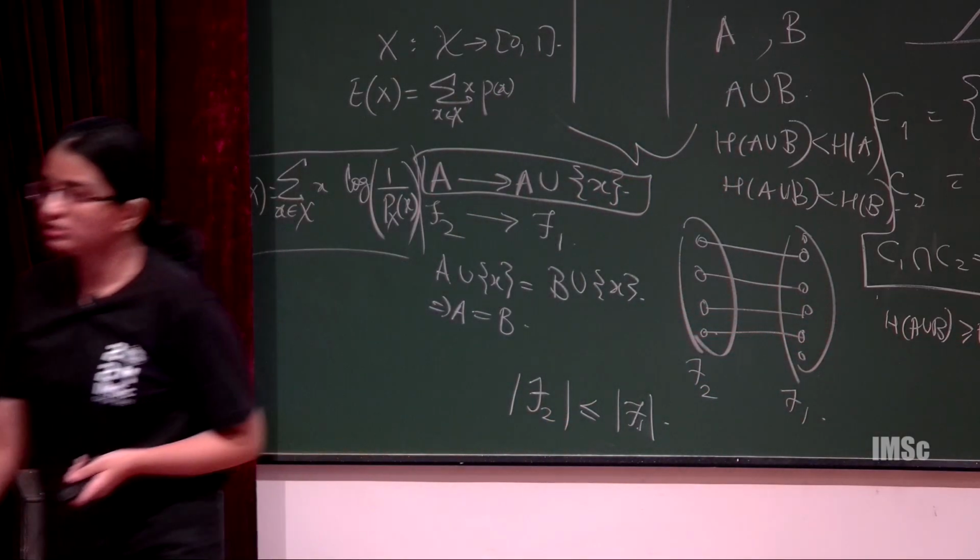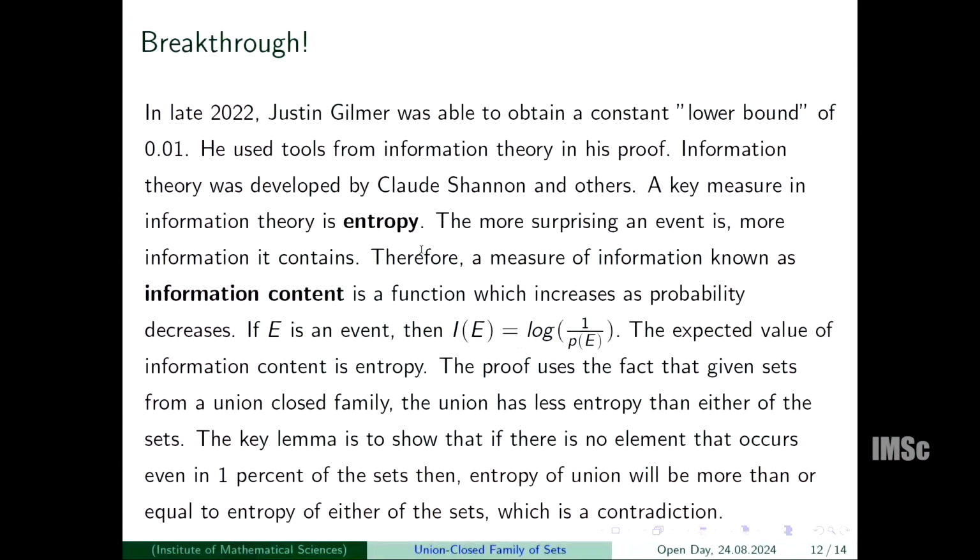How he does it is the whole proof, which I won't go into, but that's basically it. So this is a contradiction, because we know the opposite fact to be true, but he was able to show that if there is no element that occurs in even 1% of the sets, then this is true. So that is a contradiction. So we know that there is an element that occurs in 1% of the sets.